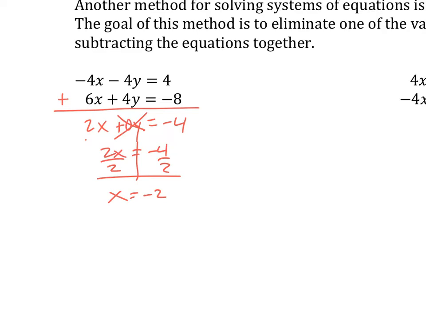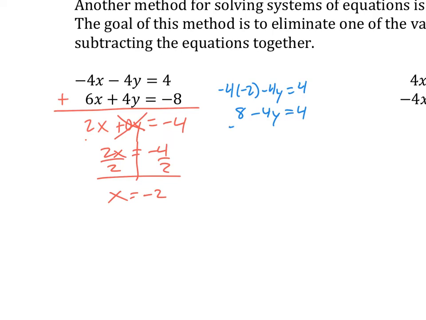Now we can pick either one of our equations for this. I'm just going to pick the top equation. So we'll take negative 4 times negative 2 minus 4y is equal to 4. Now negative 4 times negative 2 is, oh, actually, sorry, that's a positive 8, not a negative 8.